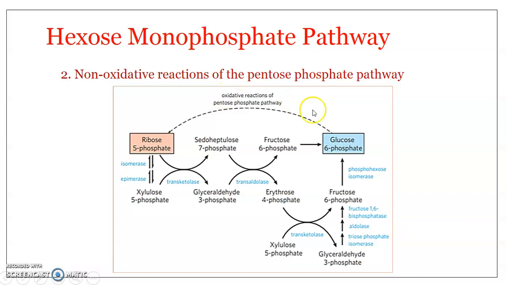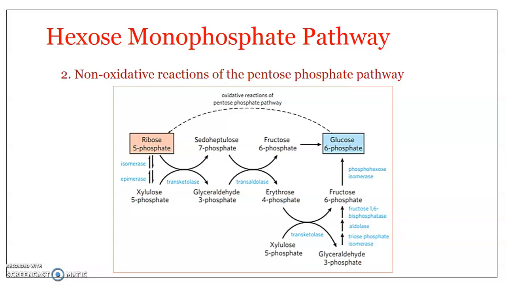Usually, 6 glucose 6-phosphate molecules are required for one complete pentose phosphate pathway. And out of these 6 glucose 6-phosphate molecules, 5 are regenerated in this way, in the non-oxidative phase, while one glucose 6-phosphate gets oxidized to carbon dioxide and water.